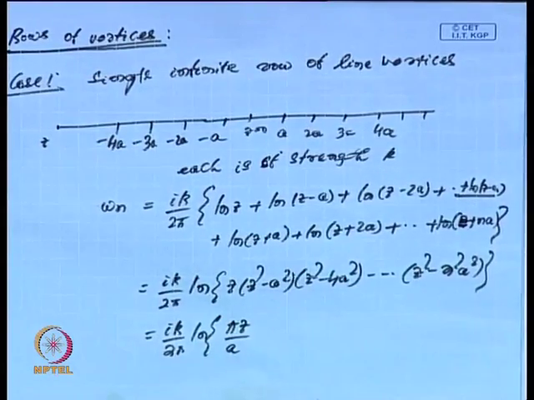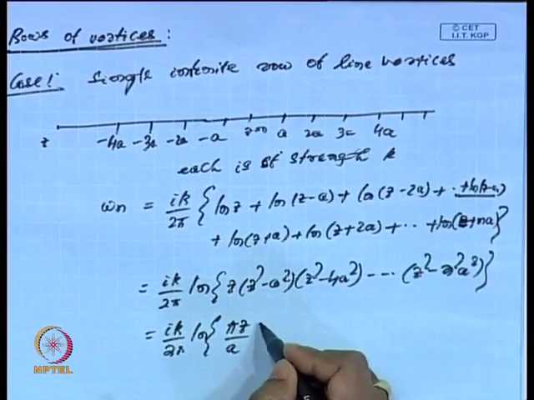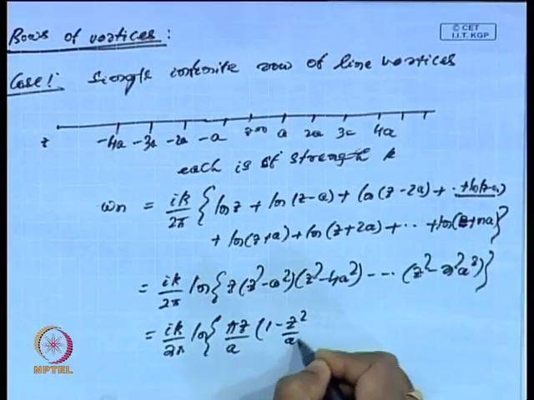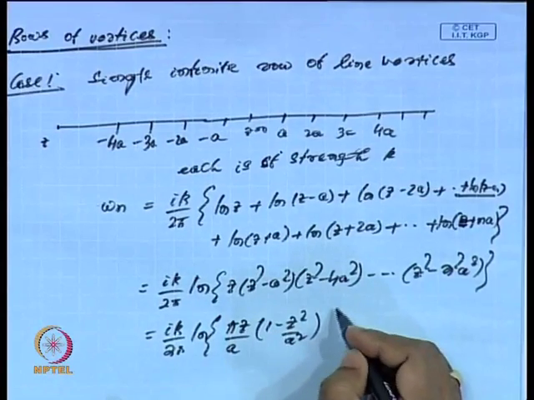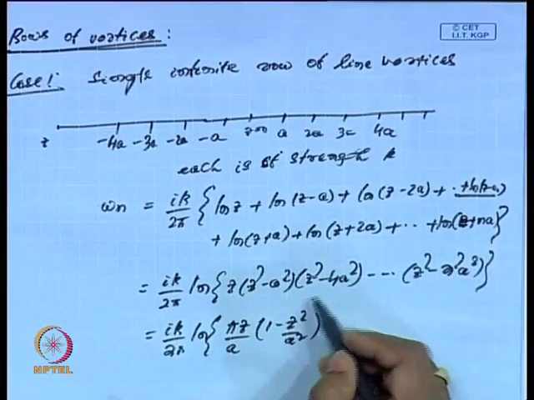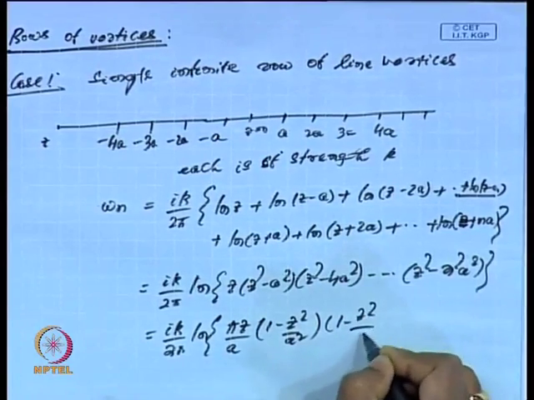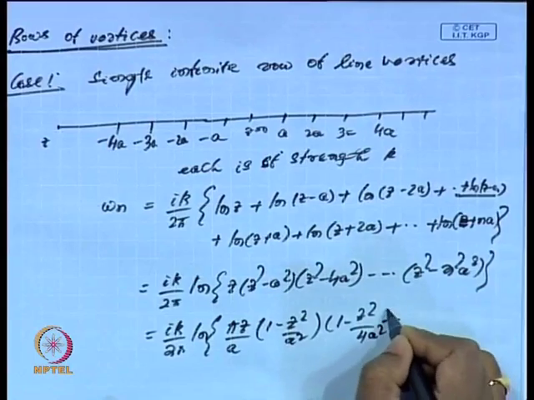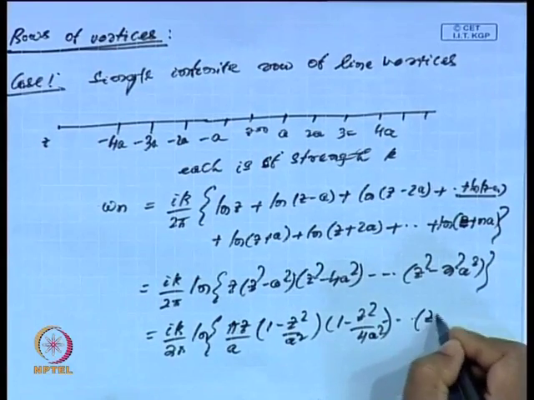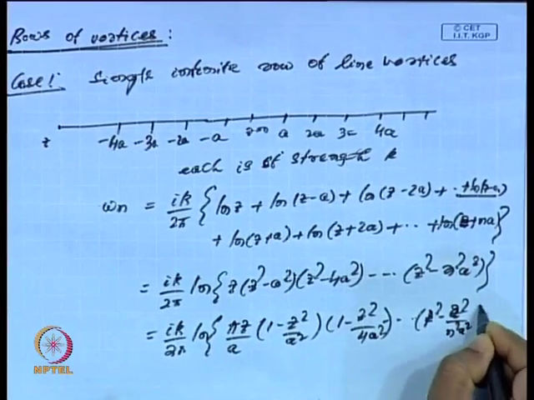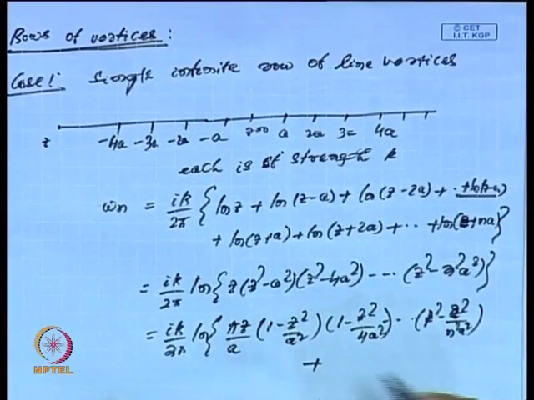I am just multiplying a factor pi by a, and into, I can always rewrite this 1 minus z square by a square, because I am taking a square common, and a square, 4a square, I will take all this common, into 1 minus z square by 4a square up to 1 minus z square by n square a square, plus some constant term will come.